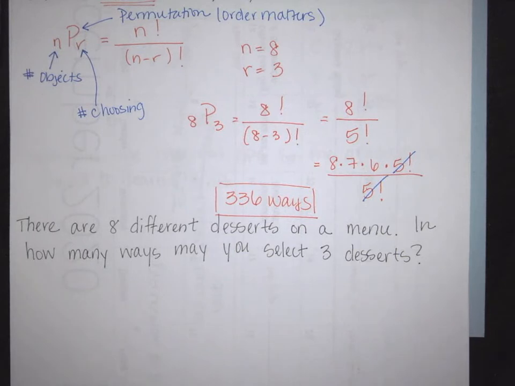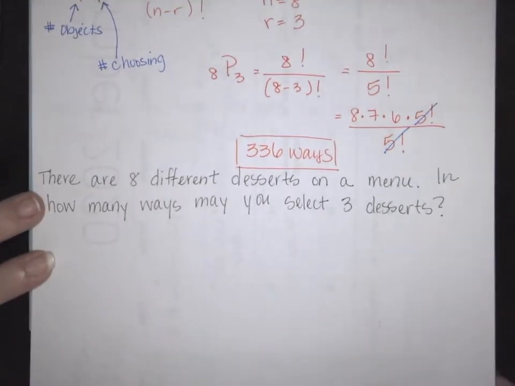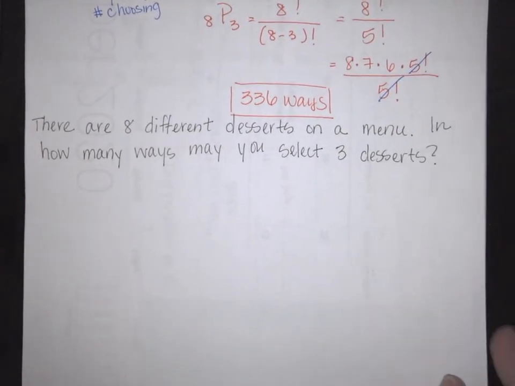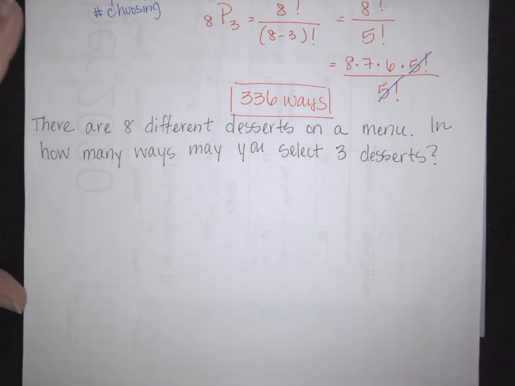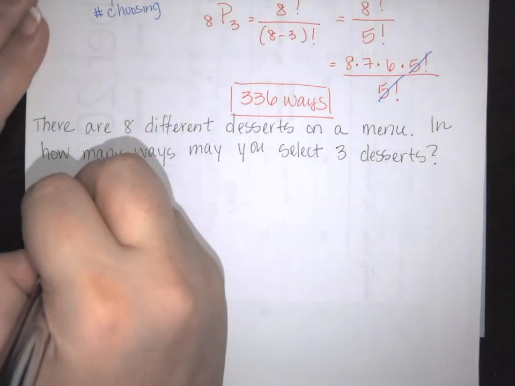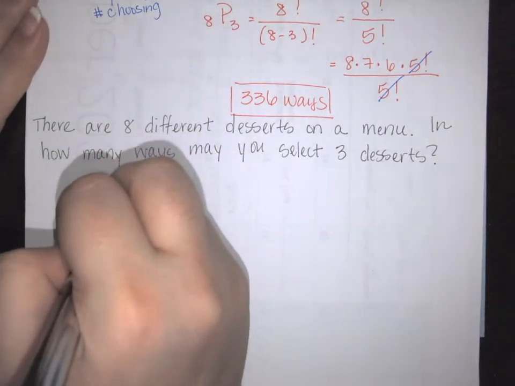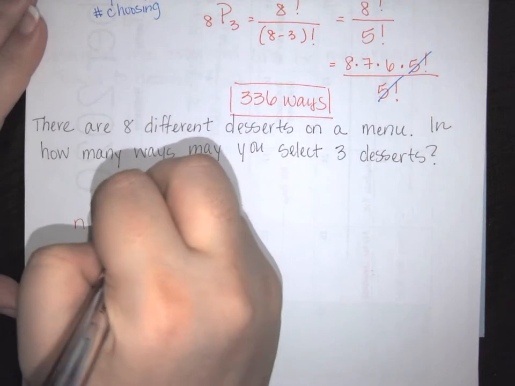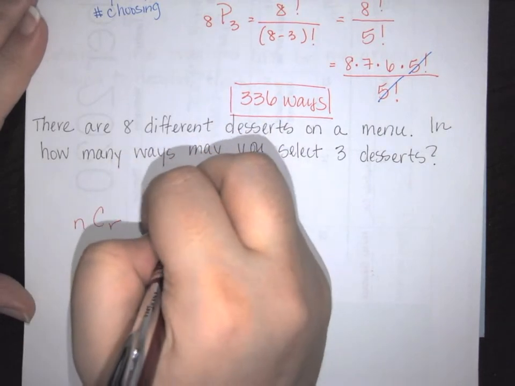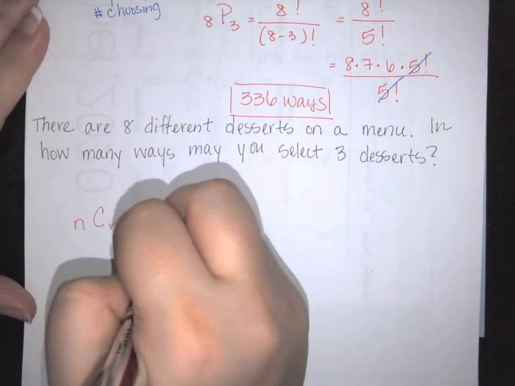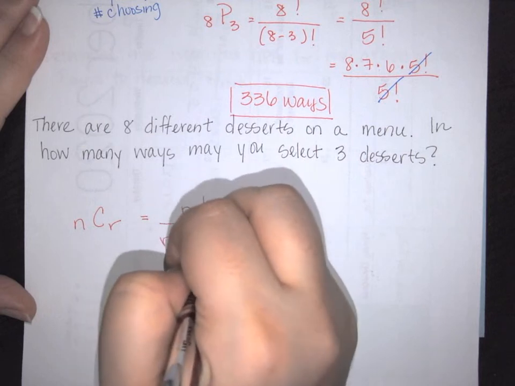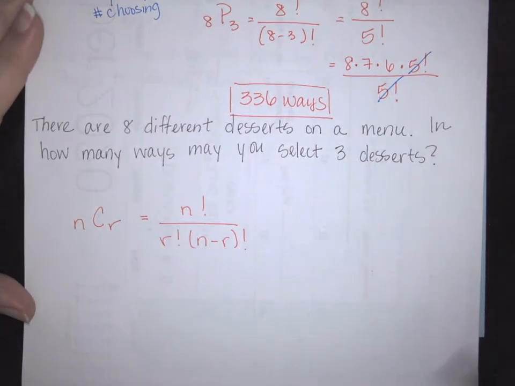Now this next one, notice it's the same question, but nowhere do we have anything about order mattering. Okay, so in this case we have what's called a combination. So this would be nCr, okay, and my formula here is going to be n factorial over r factorial times n minus r factorial.